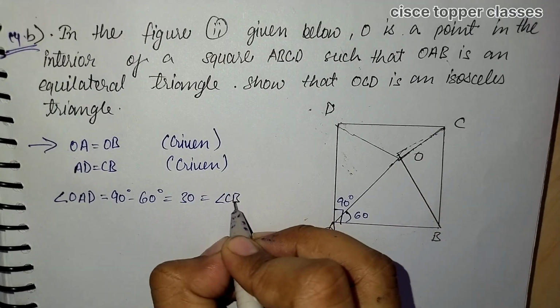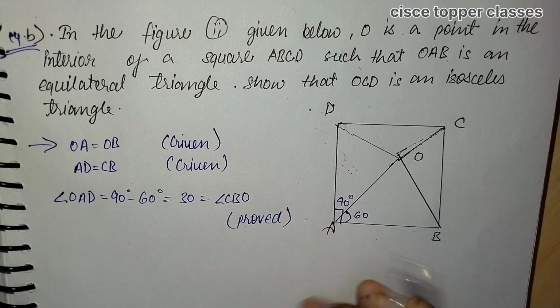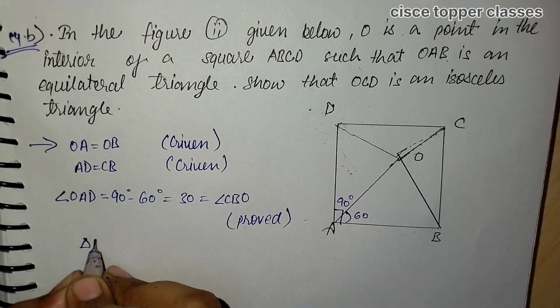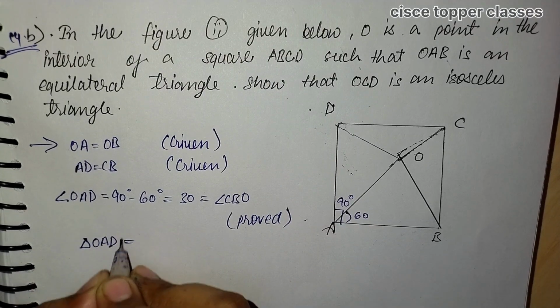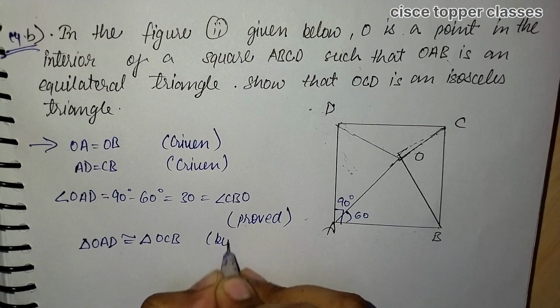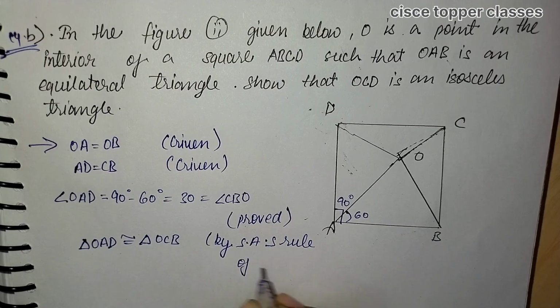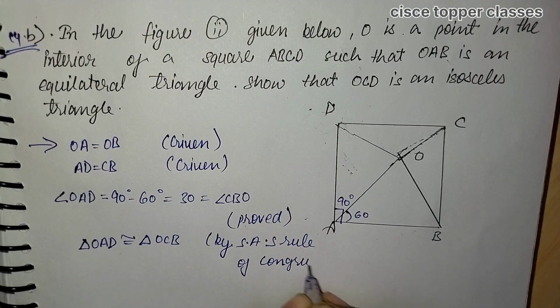So this is angle CBO. So hence proved, here we have proved. Now by SAS rule of congruency we can say that triangle OAD is congruent to triangle OCB by side angle side rule of congruency. So hence proved from here.